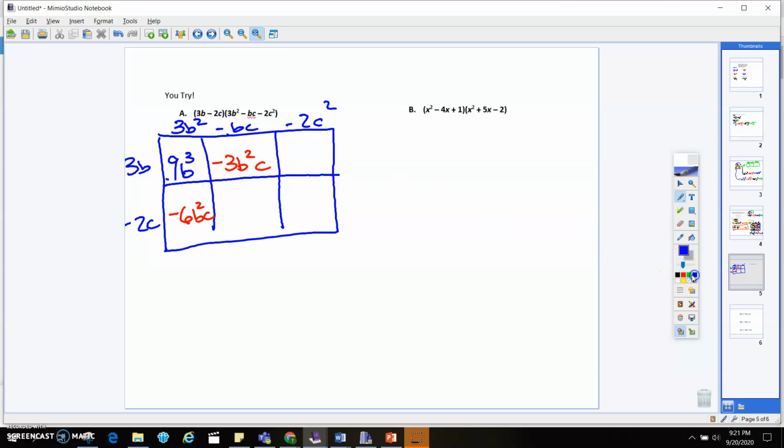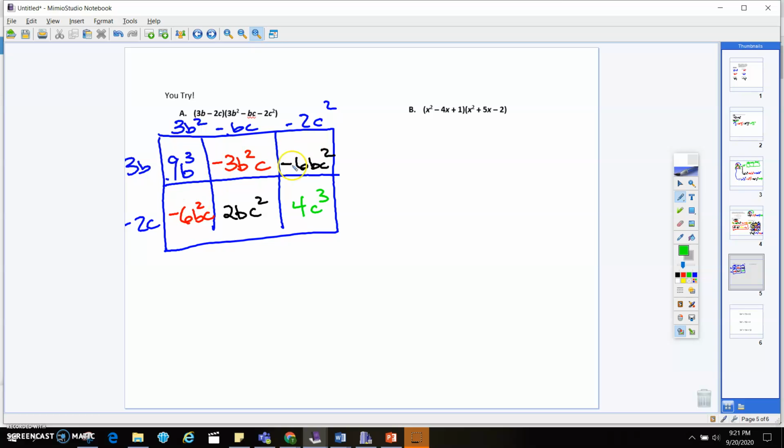And then I'm going to get 3b times negative 2c squared, which is going to give me negative 6bc squared. And then we have negative 2c times negative bc, which is going to give me positive 2bc squared. And the last box, negative 2c squared times negative 2c, which is going to give me positive 4c to the third power.